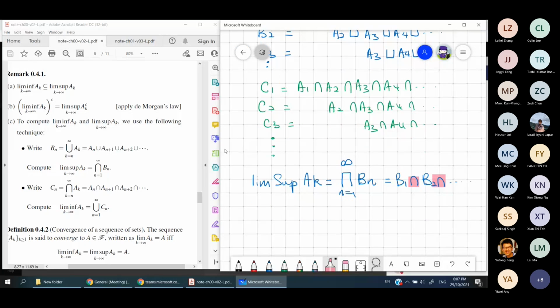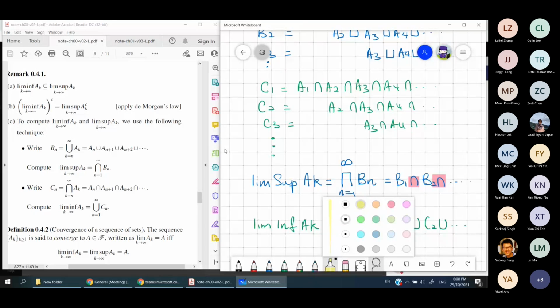Likewise, we can compute the limit infimum. The limit infimum of AK is equal to the union of all the Cn, so C1 union C2 and so on. Just take note that to compute our C, we are taking all the intersections, and after that it becomes a union and so on.